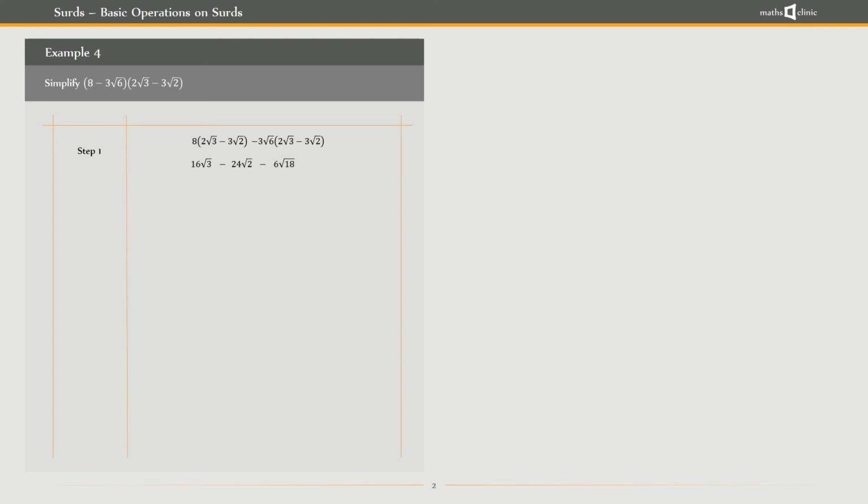We multiply minus 3 and minus 3, we get 9, so plus 9. And when you multiply the surds, root 6 and root 2, you end up with root 12. Okay, very simple expansion, very similar to what you do with an algebraic expression.